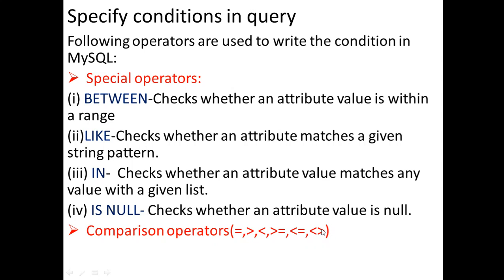In Python we use not equal to as exclamation mark and equal to, and here the less than and greater than symbols together are used for the not equal to operator, and equal to is a single equal to. You are not supposed to use the double equal to, which is a common mistake that you make while writing the query. Double equal to is not at all used in MySQL. Single equal to for equality, and not equal to is this particular symbol.